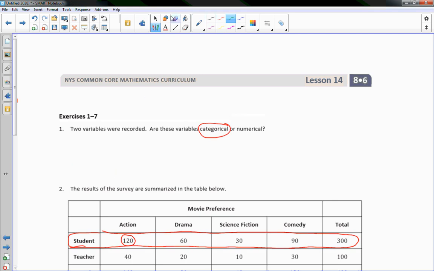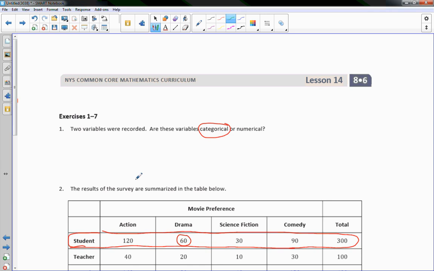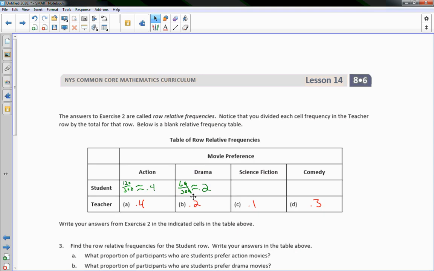Then we're going to move on, and we're going to move this over to drama, and drama is 60 out of 300. So then I'm going to write 60 out of 300, which is 6 over 30, which is 1 over 5, which is 2 over 10, or 0.2. Hopefully you understand how I'm doing that, just saying it verbally. Okay, and then the next one is sci-fi. So if I move this over here, that's 30 out of 300.